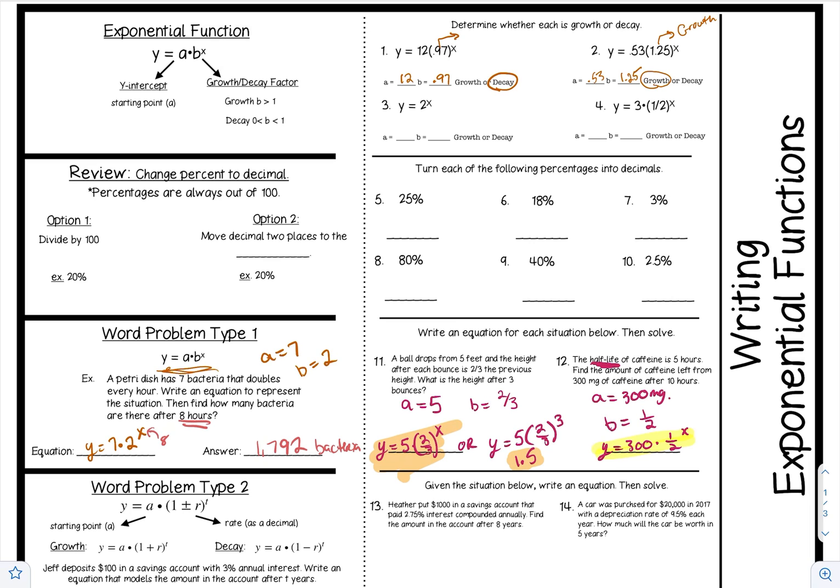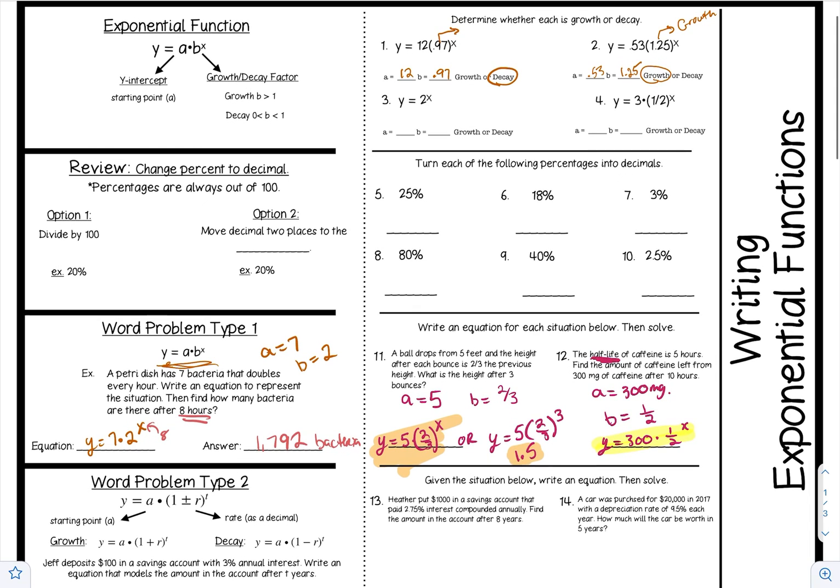So in order to determine this, we just say y equals 300 times 1/2 to the 2, because there are 2 half-lives, which simplifies to 75 milligrams. That's how much caffeine is left in 10 hours.